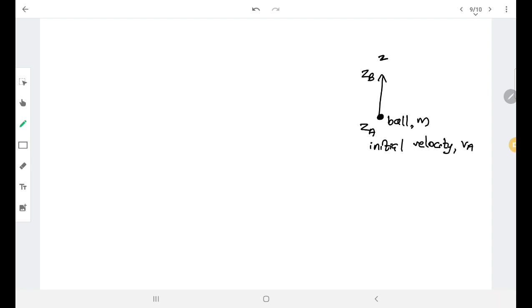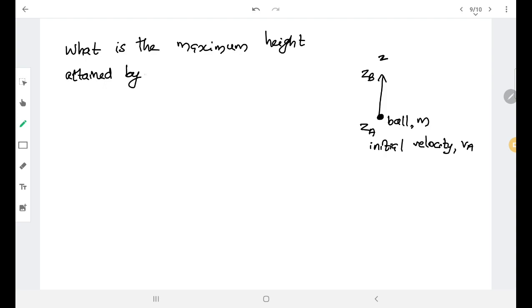Now your question is, what is the maximum height attained by the ball? Assuming that the gravitational force is constant and you can neglect the frictional and other forces.